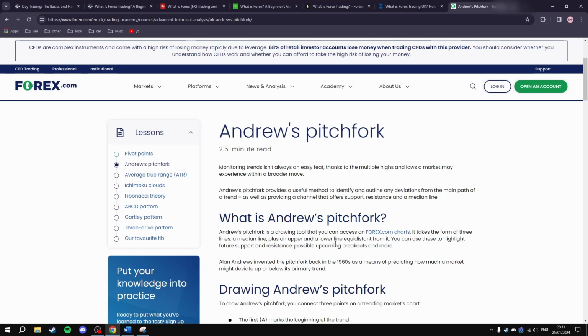You can use these to highlight future support, resistance, possible upcoming breakouts and more.